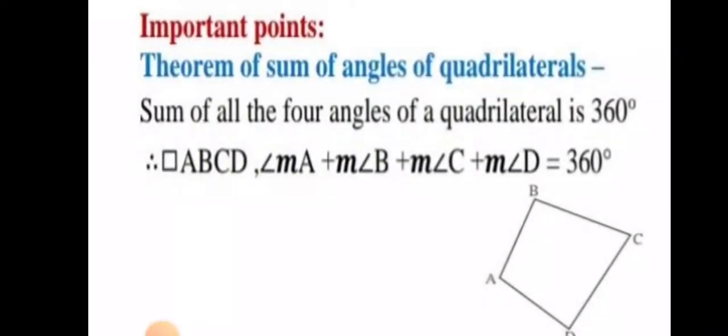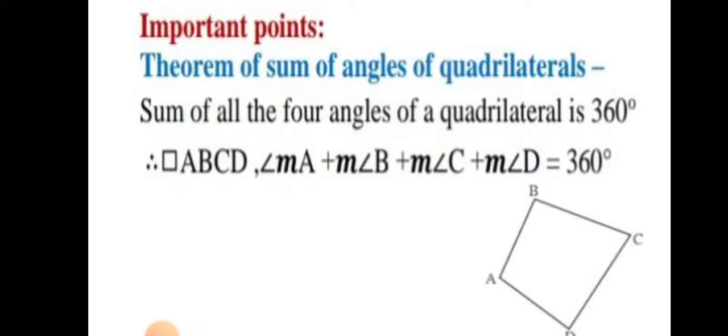Some important points about quadrilateral. First, theorem of sum of angles of quadrilateral. We know that the sum of all angles of quadrilateral is 360 degree. Sum of all angles means all the four angles of quadrilateral is 360 degree.